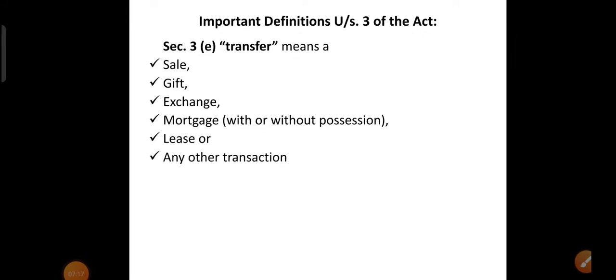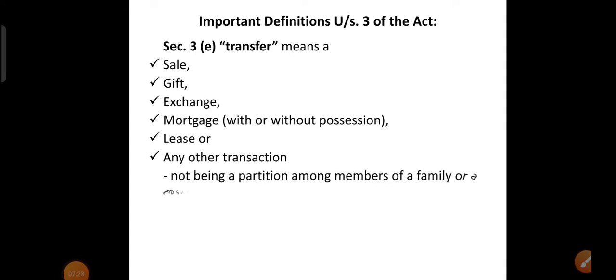If it is a lease, it is also considered to be transfer of that granted land, or any other transaction, but it should not be a partition among members of a family or a testamentary disposition. If the whole family is scheduled caste or scheduled tribes, it's okay. But if the members in the family are more, then the brothers can have a partition of that granted land.